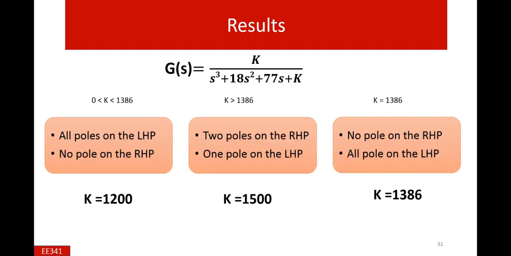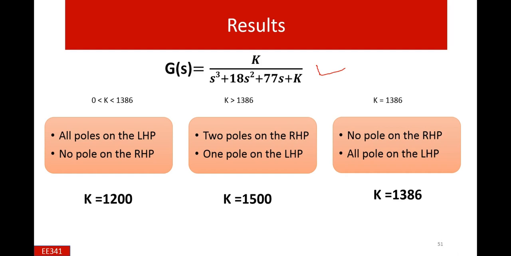The closed loop transfer function is also given in this slide, and the result can be easily explained by using different values of k. Keeping in mind the previous Routh table, if the range of k is 0 to 1386, then all the poles are on the left half plane.